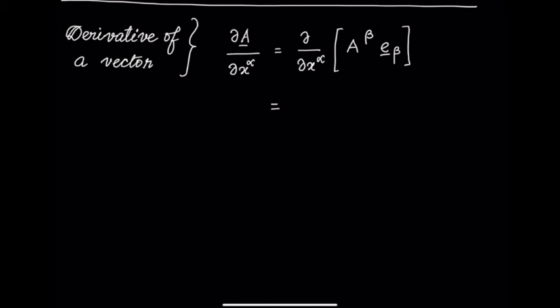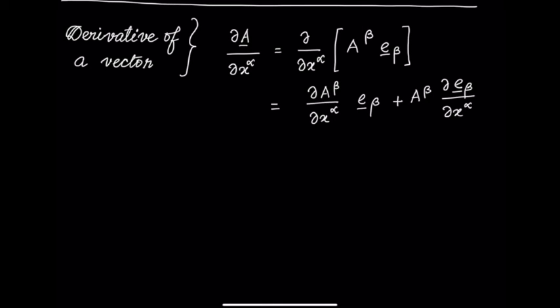So what is this? Now the familiar term will be there, with E beta constant. But now I will have another term because E beta can change with x alpha. That's what we have been saying for this type of coordinate system. In general cases, this can change with x alpha. So I should have this term. This term is non-zero.